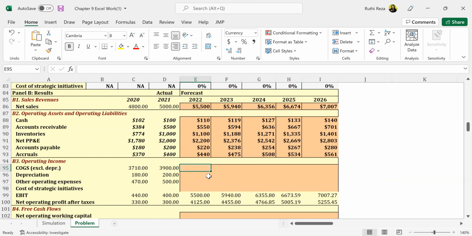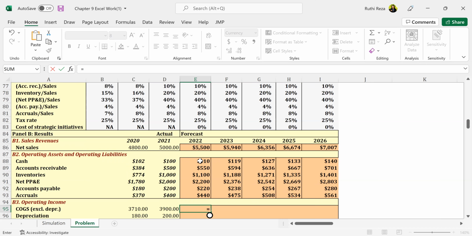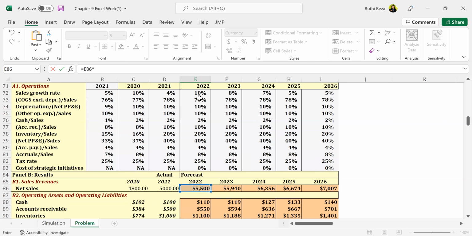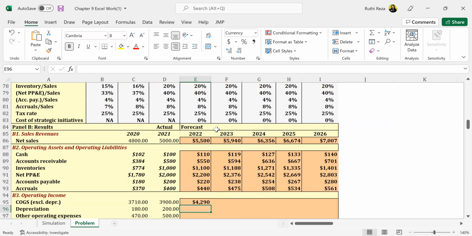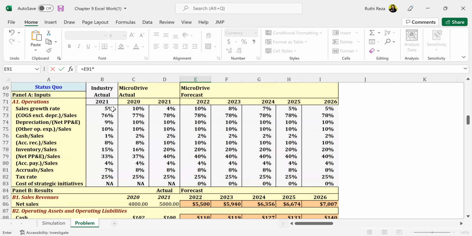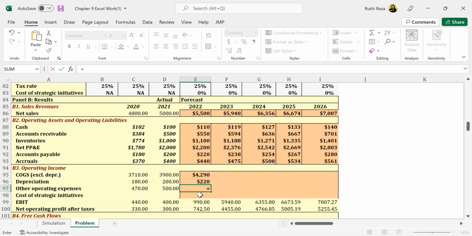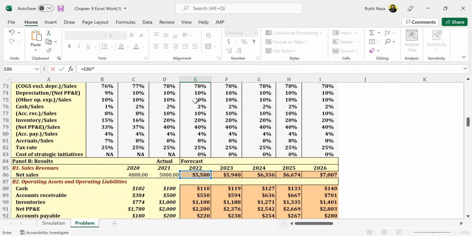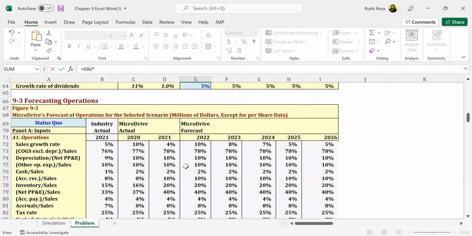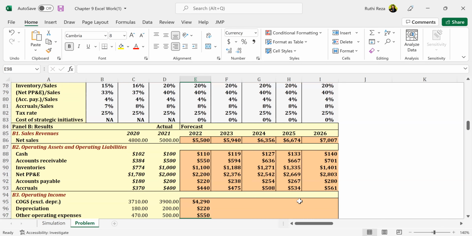Next, cost of goods sold. So cost of goods sold is expected to be 78% of total sales. Depreciation is expected to be 10% of net PPE, and then other operating expenses is expected to be 10% of total sales.